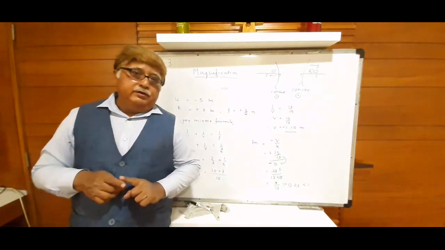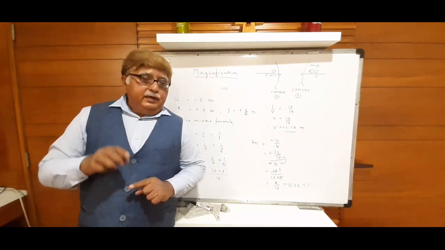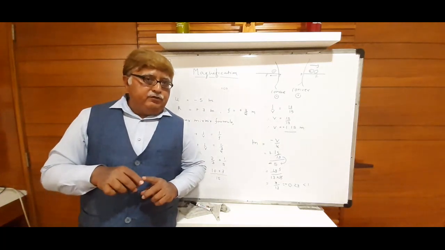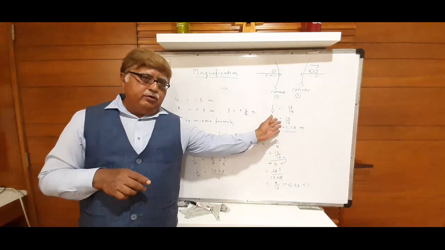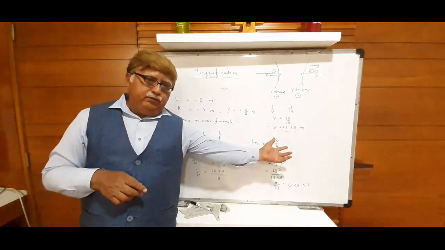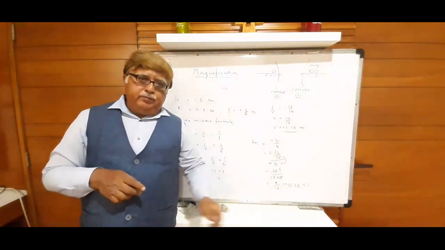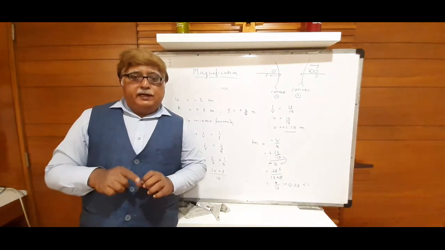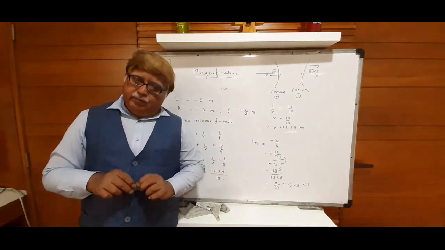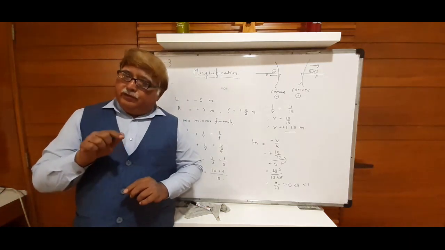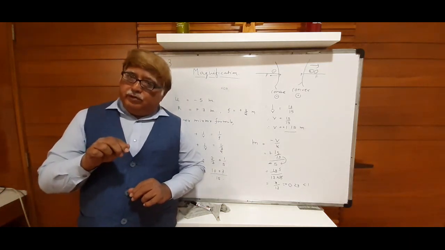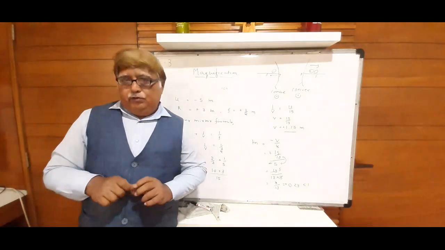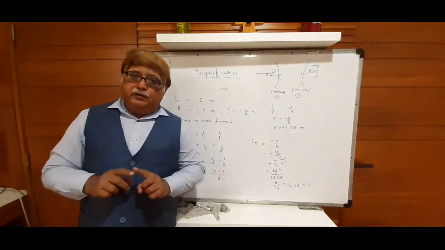Okay, here my student, I have asked you to find nature. You are going to do this way. You will find V, then you will find M. But here one more thing, you also have to find size of the image. That means what? Because the size of the object has been given to you as 4 centimeter, you have to find the size of the image.